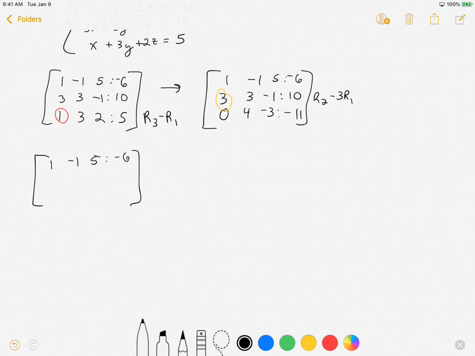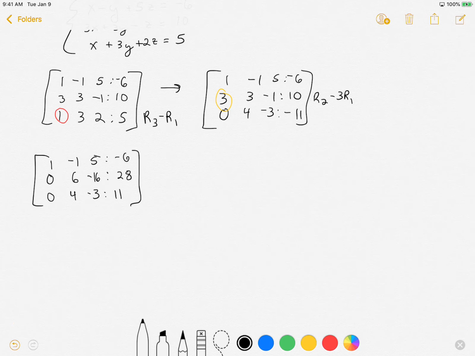Second row is the one we're changing, so 3 minus 3 is 0. 3 minus a negative 3 is 6. 1 minus 15 is negative 16. Negative 1 minus 15 is negative 16. And then we have 10 plus 18, minus a negative 18 plus 18 is 28. And the last row stays the same.